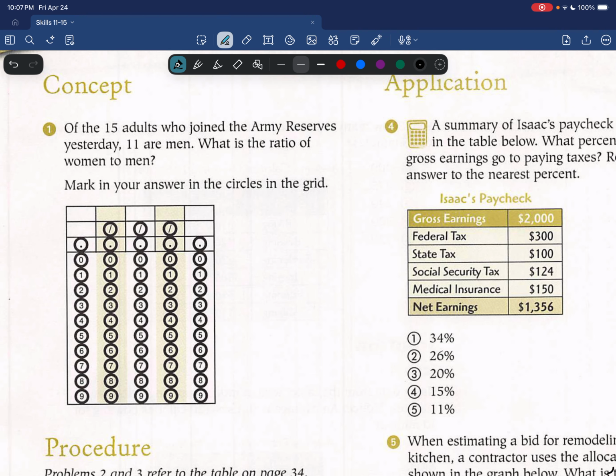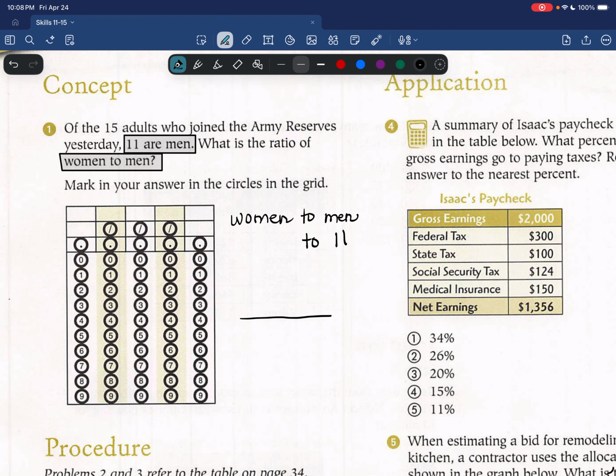We want to grid the number of women compared to the number of men, and that order is very important. Women to men. They told us that 11 of the new reservists are men. So we know this answer, but we need to find the number of women.